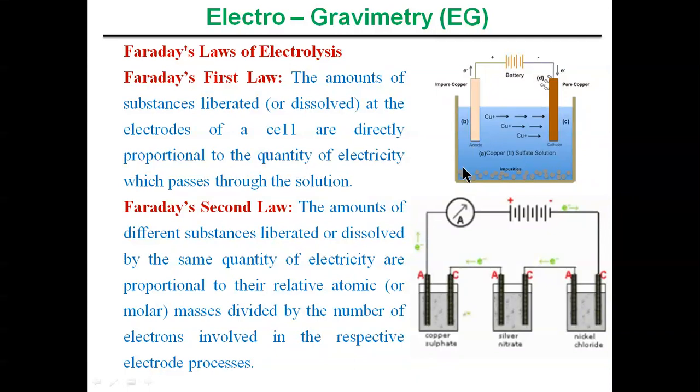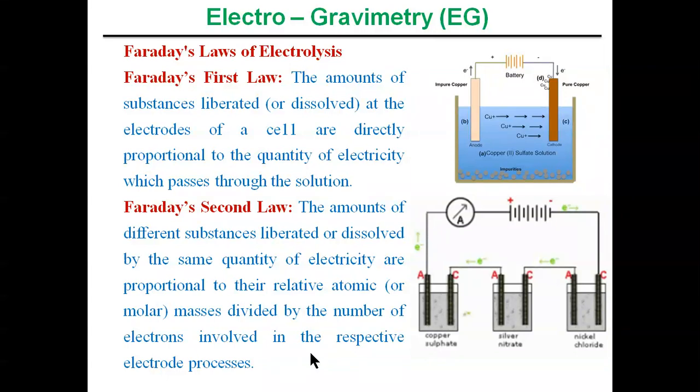And the second law is a very important law, because the second law is the basis of electrogravimetry. What it states is that the amount of different substances liberated or dissolved by the same quantity of electricity is proportional to their relative atomic masses divided by the number of electrons involved in the respective electrode process.